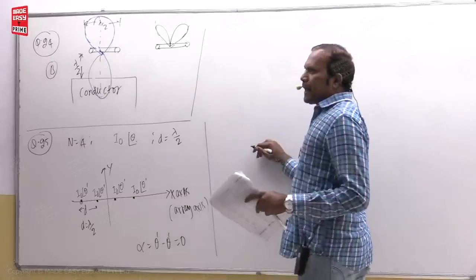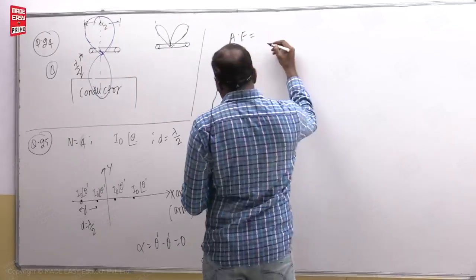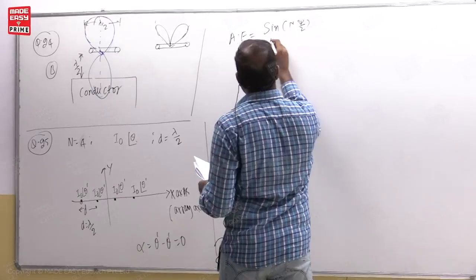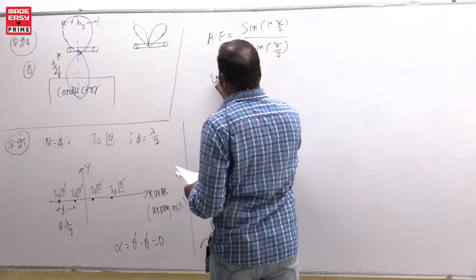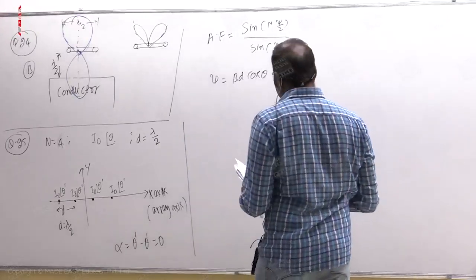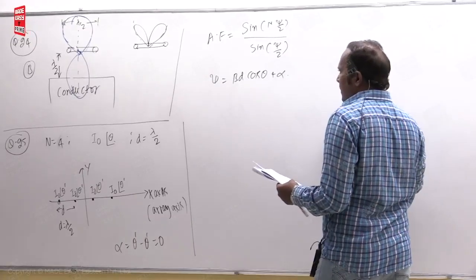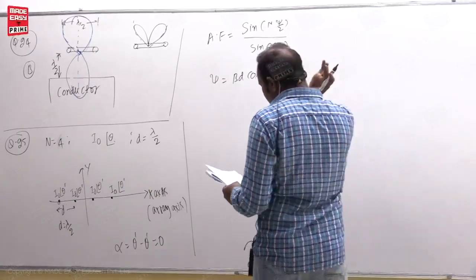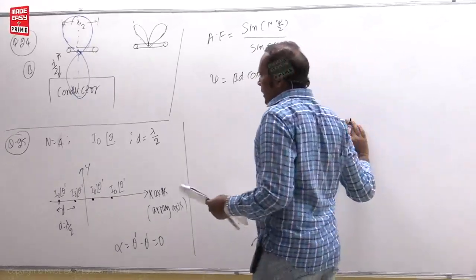Now the resultant electric field pattern is decided by the array factor. So you write the array factor, that is sin n psi by 2 divided by sin psi by 2, student. Here let us calculate psi. Psi is equal to beta d cos theta plus alpha. Now, the array factor is maximum whenever psi is equal to 0. You keep listening, you will understand.